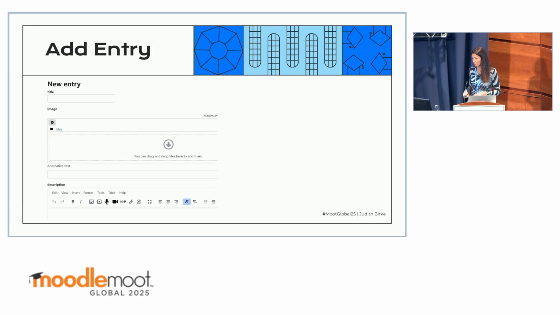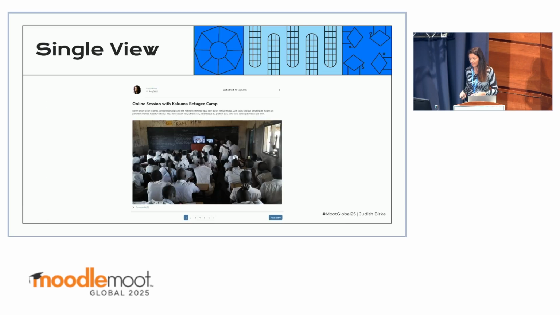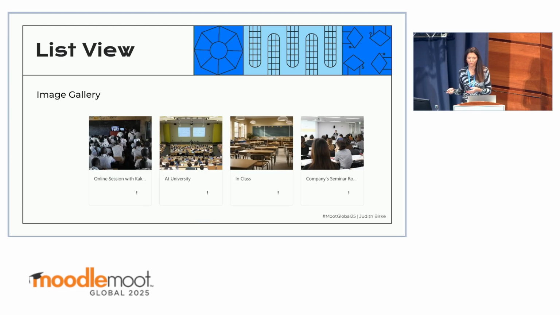When you use one of them, you have to complete an entry form, as you all probably know, where when you've completed that, you get to the single view of your entry. And from there, if you've got your entry, then you can get to the so-called list view, where you see all the entries that you have made or your learners have made.